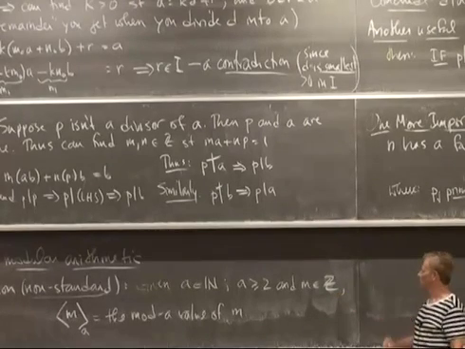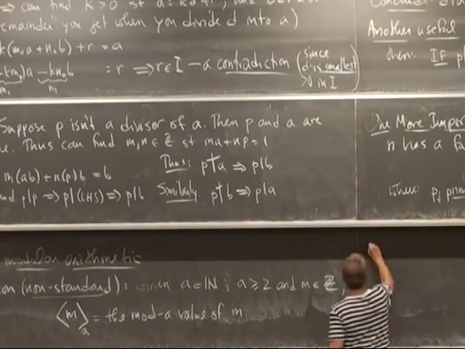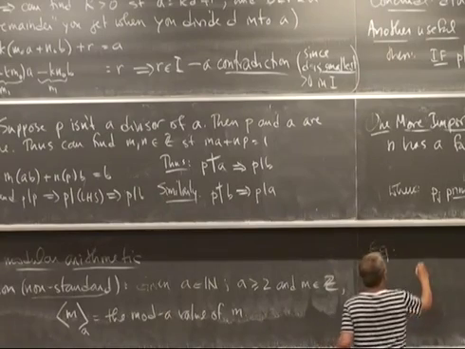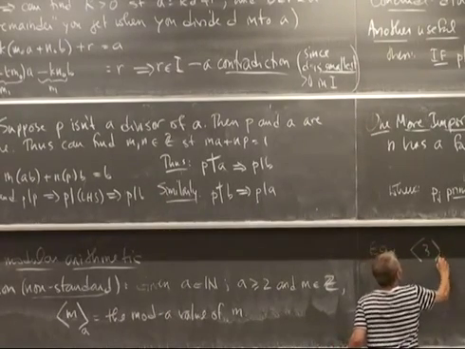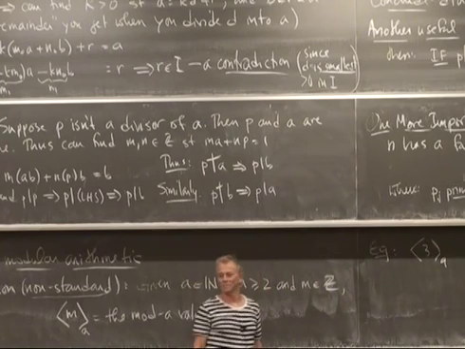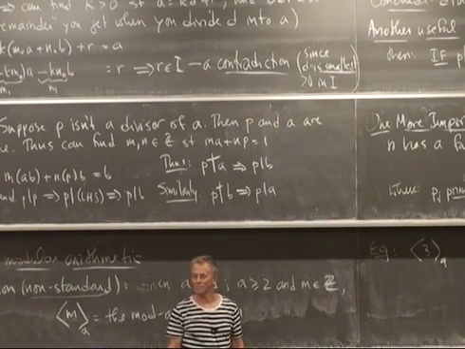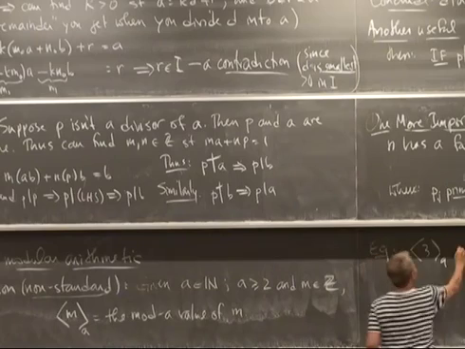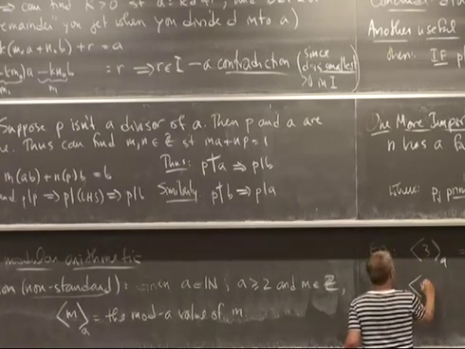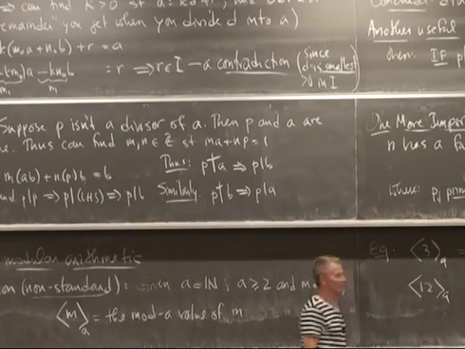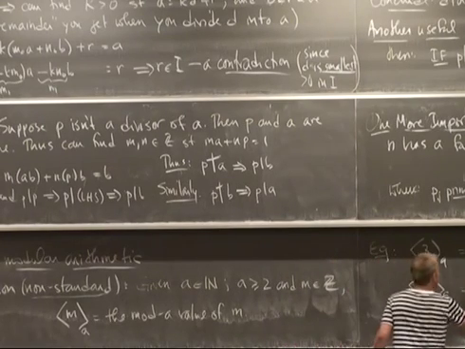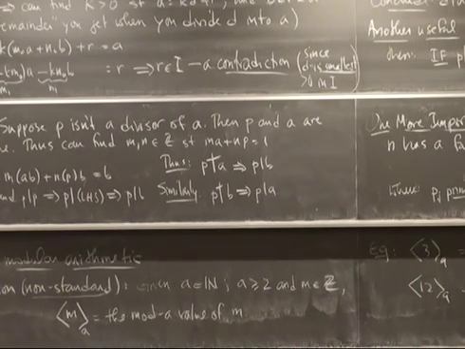That non-negative remainder is what we call the mod A value of m. So for example, what is 3 mod 9? It's 3. What is 12 mod 9? That's 3. What is, say, minus 7 mod 5? That's 3 again. Does everyone see where I'm getting these? Please say no if you don't.